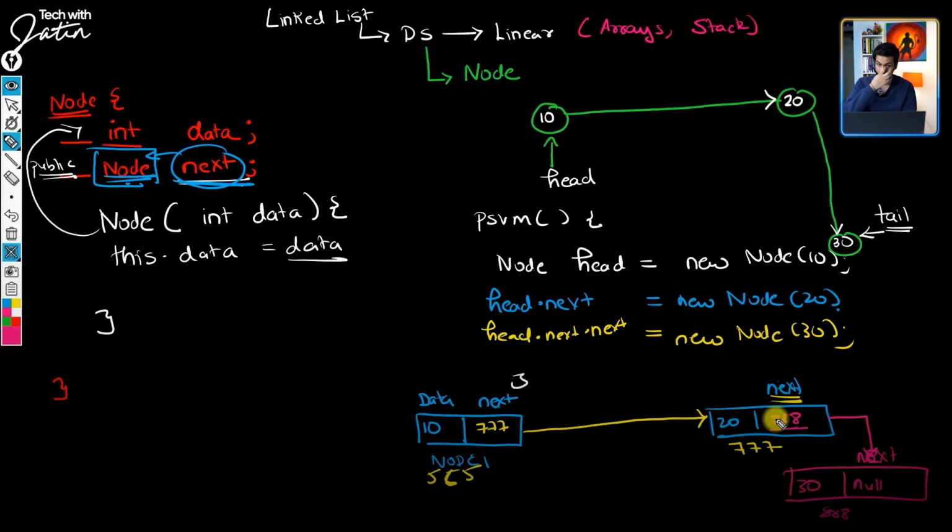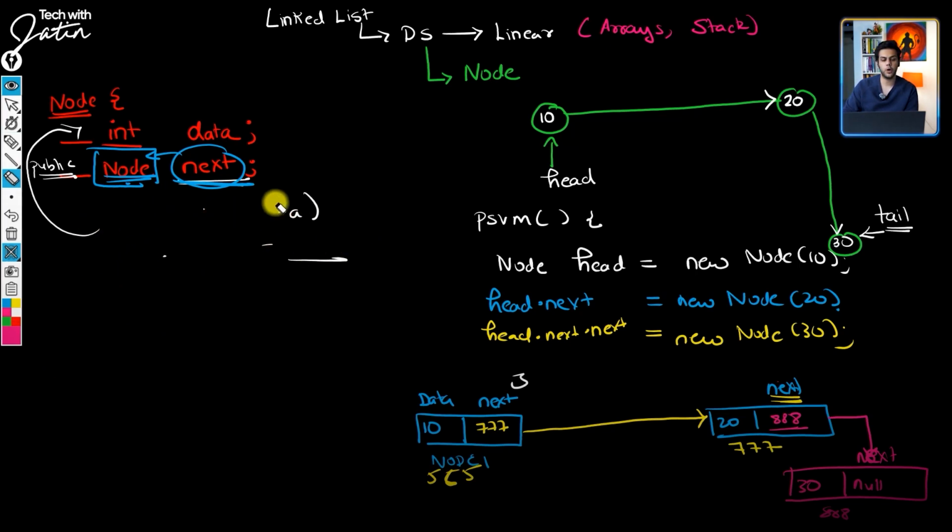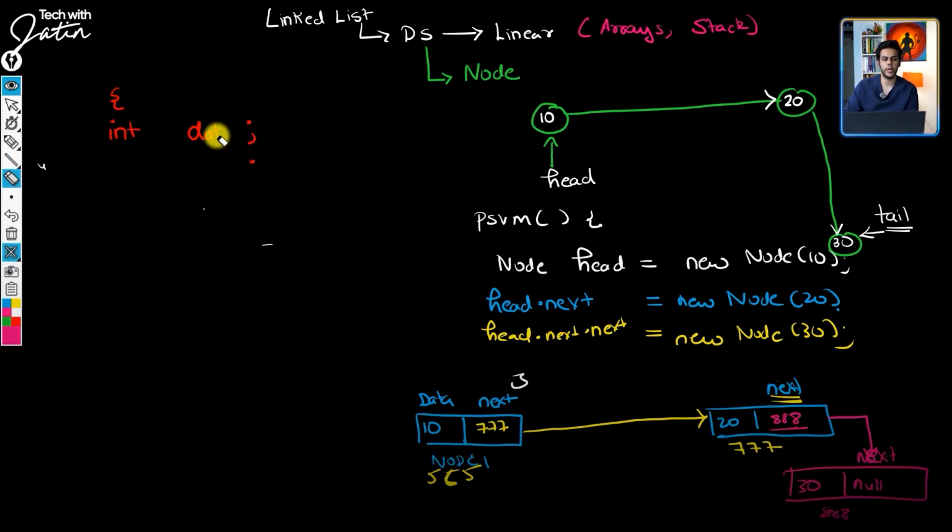Perfect. Now, we also saw how to traverse a linked list. That particular code is very important. Whenever you want to traverse a linked list, you are going to create a pointer. And you have to always pass the head reference.